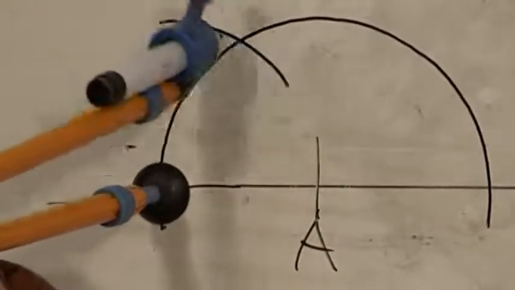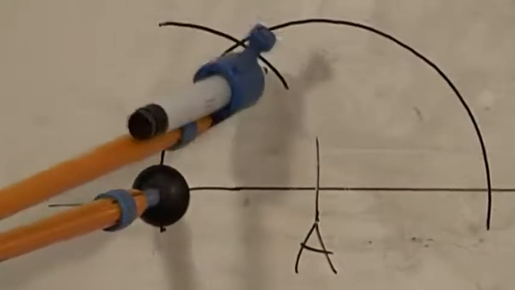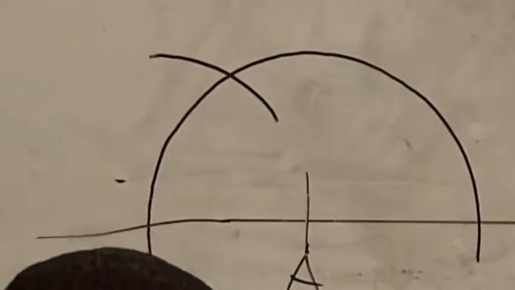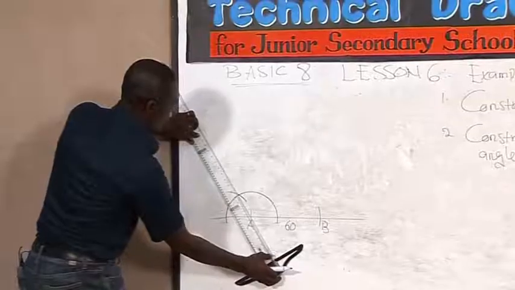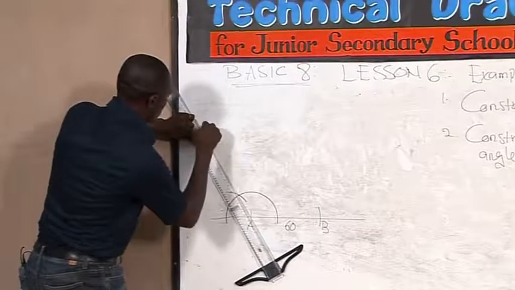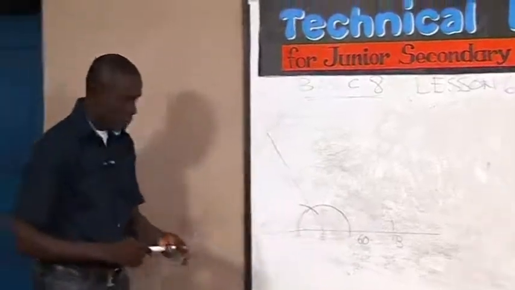This angle is angle what? We've done it before. This gives you angle 60. So at that point, you rule your angle 60 from A. From A. Watch me. That's it. Are you with me? You rule. That's it. From A, you rule.